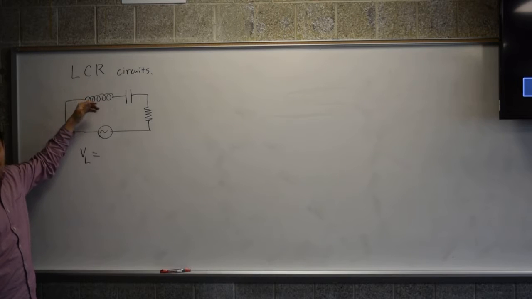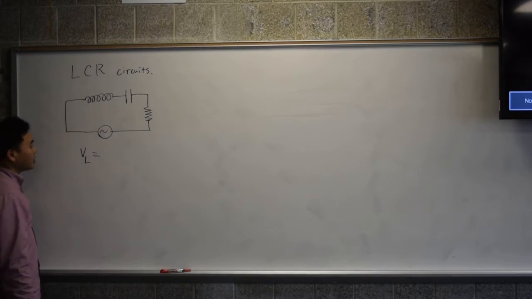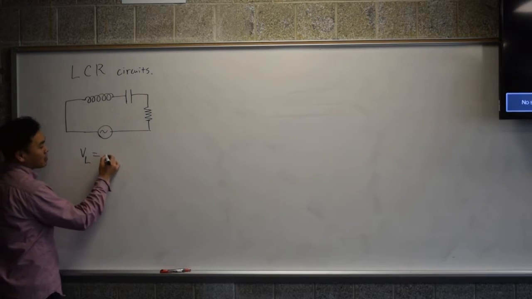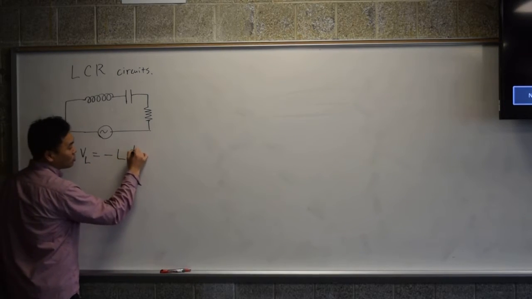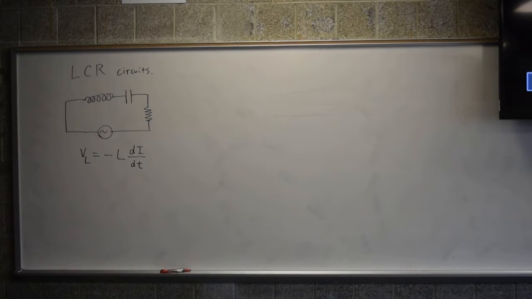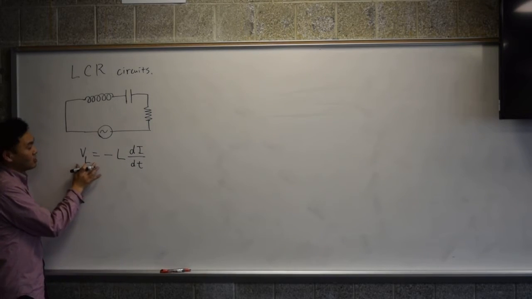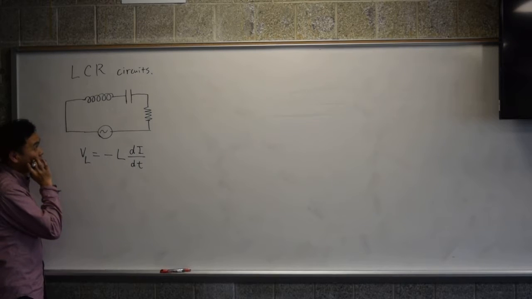And the formula for that is negative L times the change of current. It goes against the change of current. That's the voltage drop across an inductor.